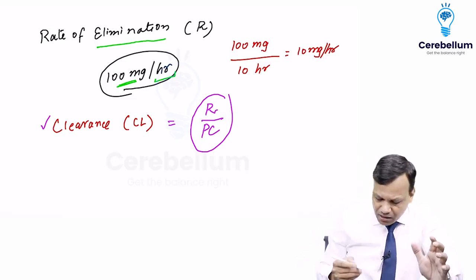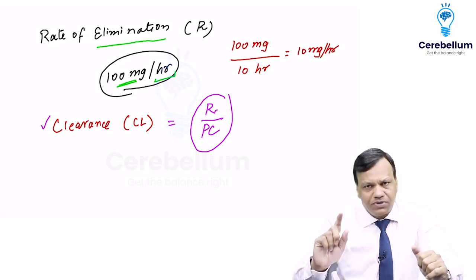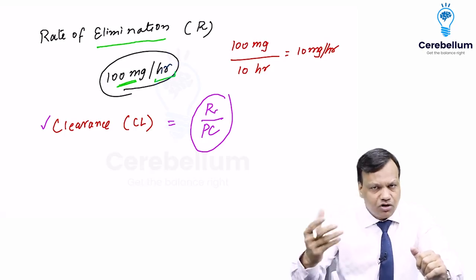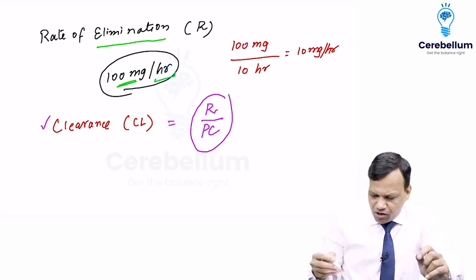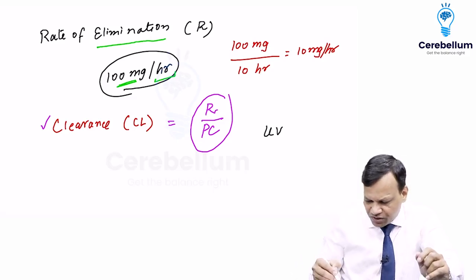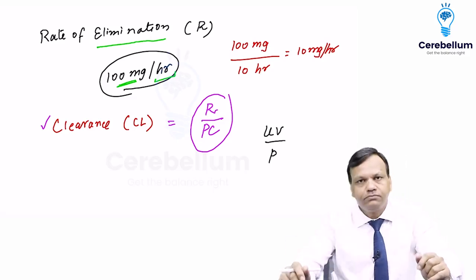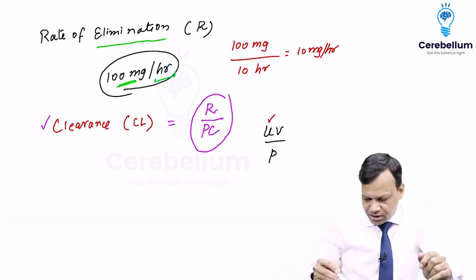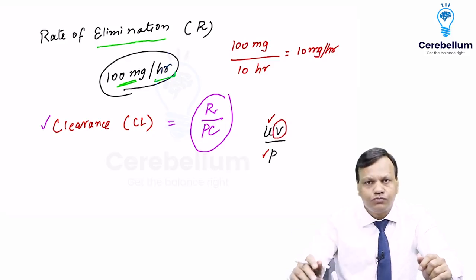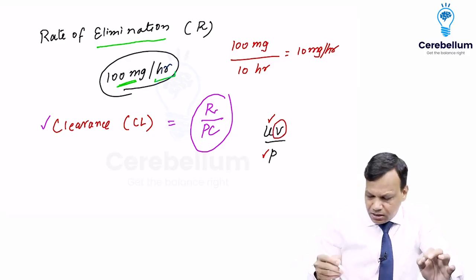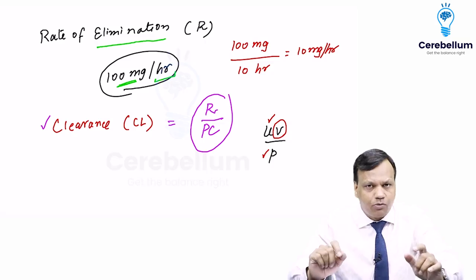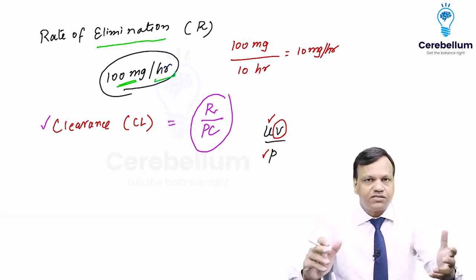Now if you remember, in biochemistry or physiology you must have studied another formula of clearance called UV/P. Remember, U is urine concentration, P is plasma concentration of a substance, V is rate of urine flow. Now my question is, why do we use different formulas for the same thing in different subjects?